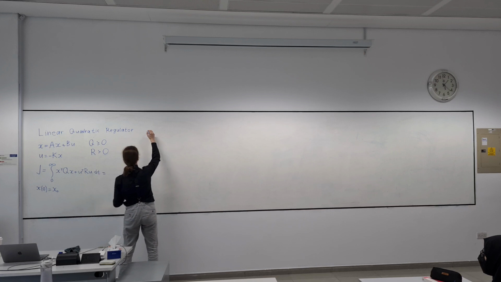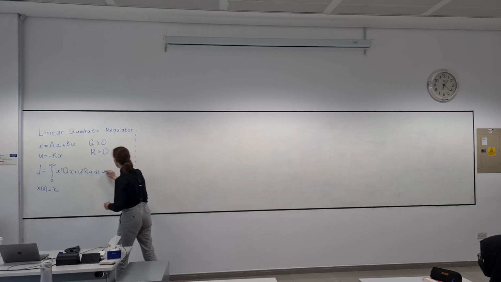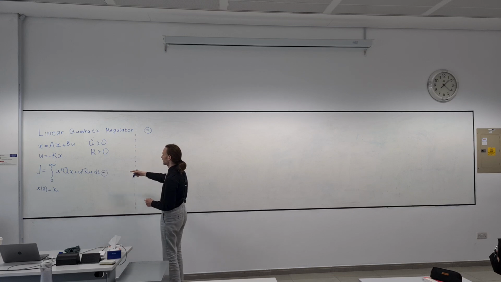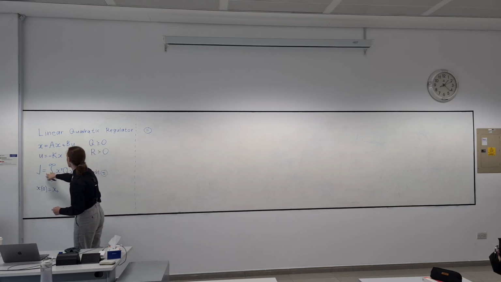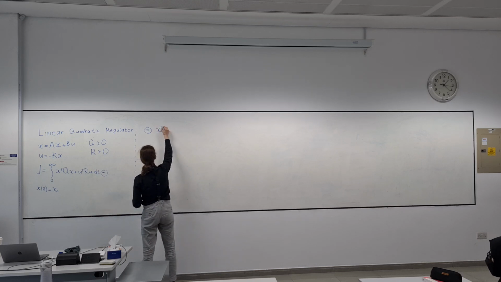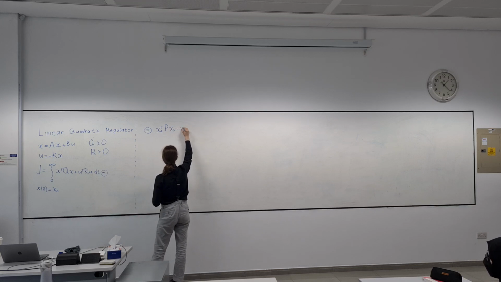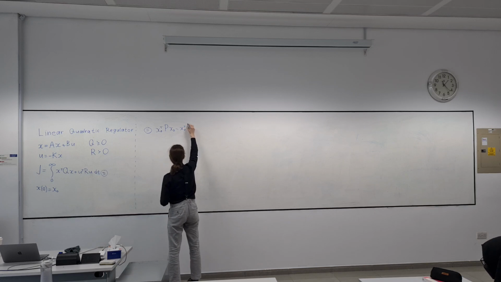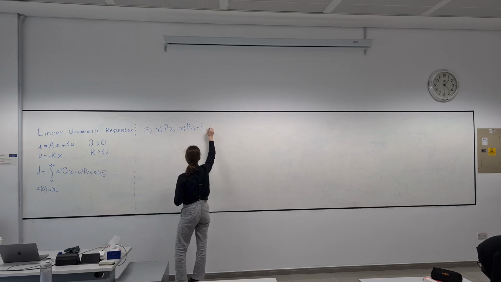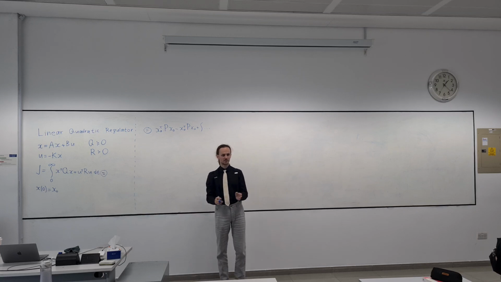So let's do the following. Let us add and subtract before the integral the following thing. And P will be a matrix that we don't know yet, but there is such a matrix.